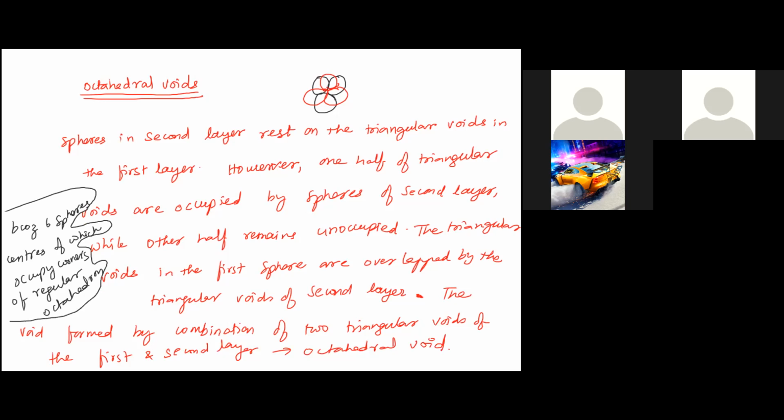All of them, when you combine the centers, you have an octahedron form. This is about the octahedral void. I'll draw it again. Once you're done with this, we'll write the radius.